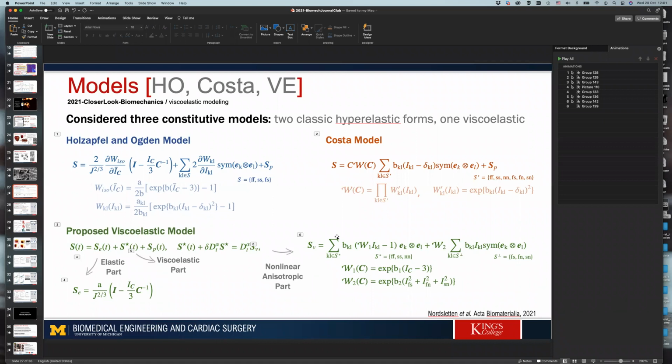But it doesn't nicely collapse into a classic hyperelastic strain energy like we'd see for the Holzapfel-Ogden or the Costa model. I'd argue that it stops making sense to do that just because it doesn't relate to the current state of internal energy as clearly as it does in the hyperelastic cases.